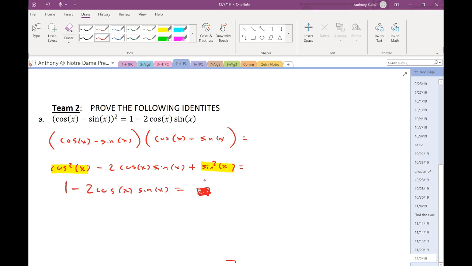Jacob, did you have your hand up? Okay. Benny. Which one? 3C.